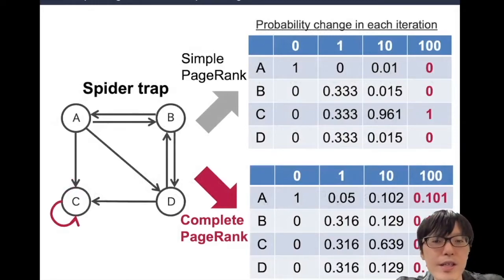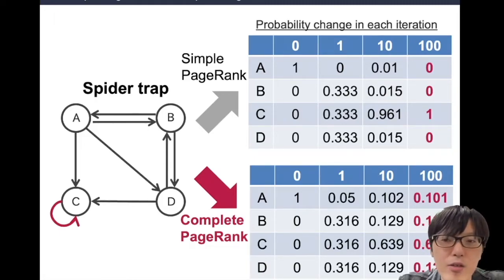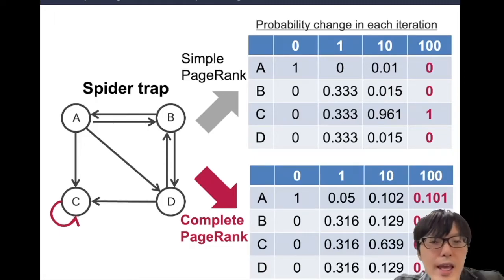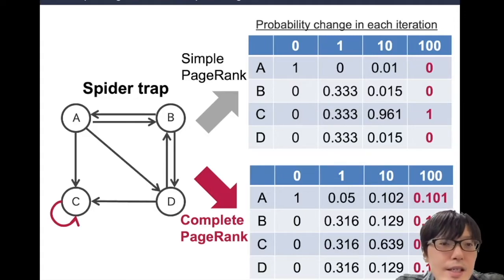Let's compare the simple PageRank algorithm and the complete PageRank algorithm on this spider trap example. If we apply the simple PageRank algorithm to this graph, page C's PageRank score will be 1, and other pages will have 0 values.